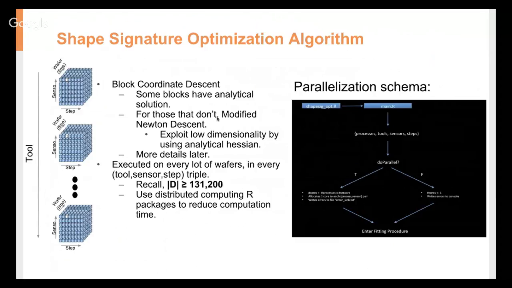Specifically, one of the blocks is for the nonlinear shape signature optimization problem, and the other block is for learning the parameters of the prior. So you go back and forth, eventually converging to a stable solution. The shape signature part does not have an analytical solution, so you need to use an iterative procedure for that. I use modified Newton descent.